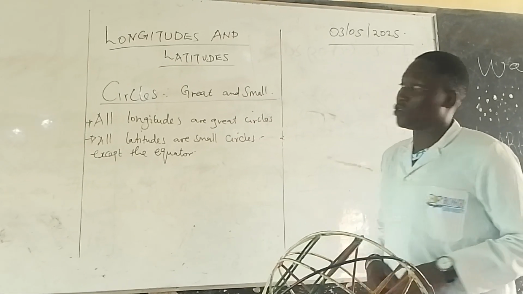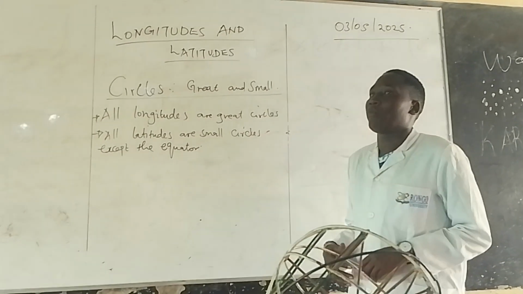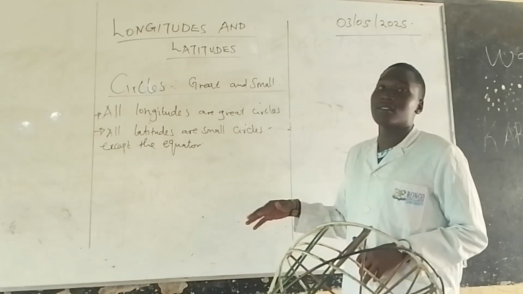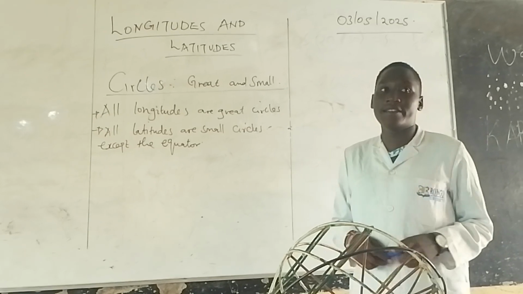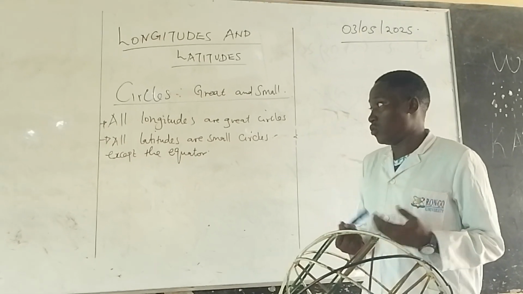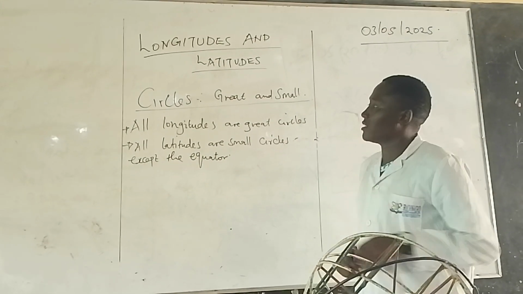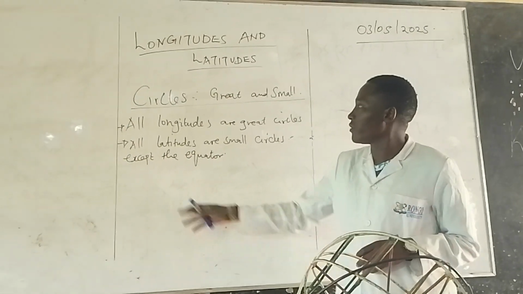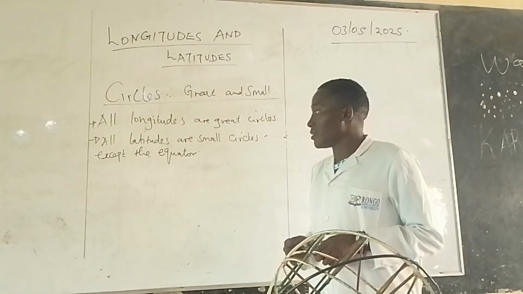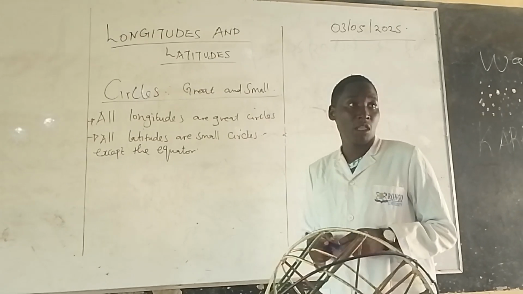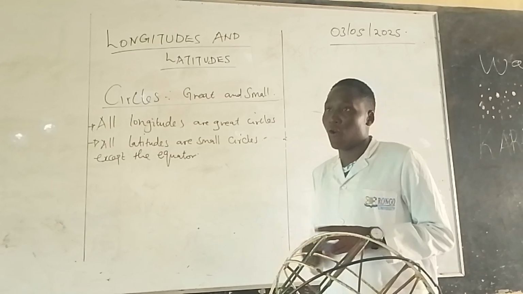Under longitudes and latitudes, we are going to look at the great and the small circles. One of the areas that you ought to understand is that all longitudes are great circles, and all latitudes are small circles except the equator. So what do we mean by a great circle?